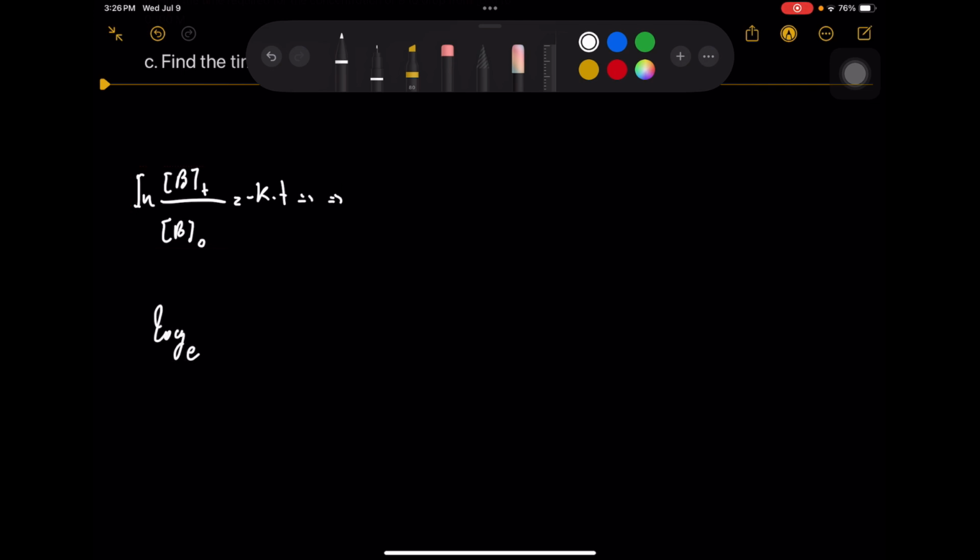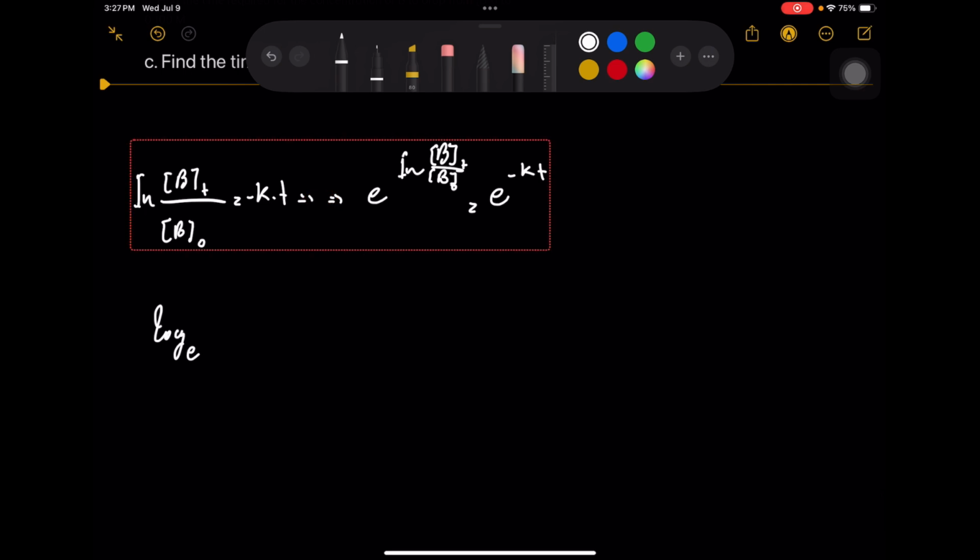If we put e here, e to the power of ln of Bt over B0 equals e to the power of negative kt. And e to the power of ln would be just 1, and then it's just some simple calculus.